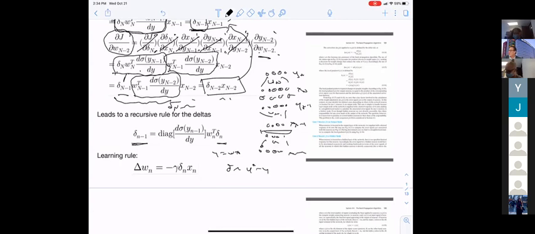So delta and y may not be the same size as x. Because delta's in the y space and y equals Wx, you have to use the transpose here, or MATLAB will give you a dimensionality error of some kind. In fact, the transpose is the right answer. Remember, this came from the derivative. It's not the inverse, it's the transpose.